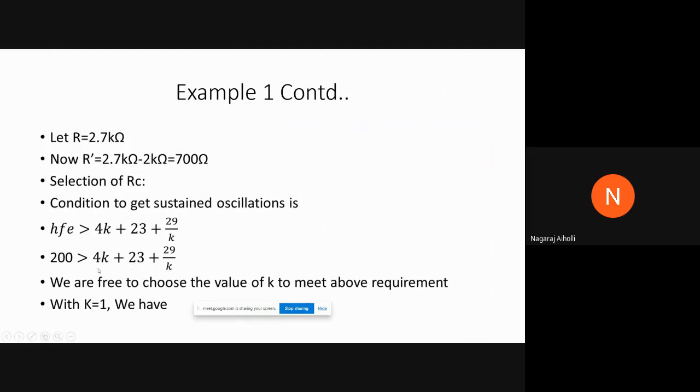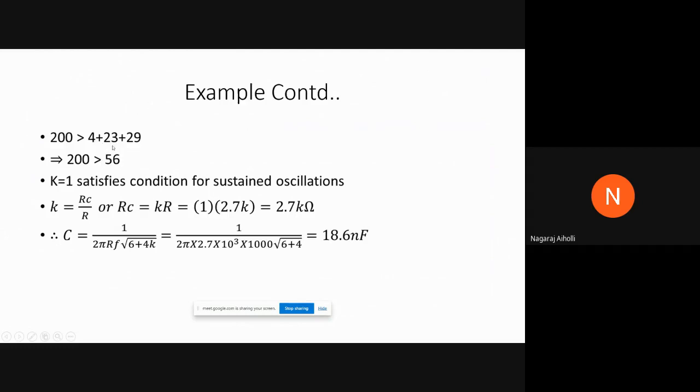So if we choose K equal to 1, let us see what will happen. 200 will be greater than 4 into 1 plus 23 plus 29 by 1, that is 200 greater than 4 plus 23 plus 29, so 200 greater than 56. The condition is satisfied.